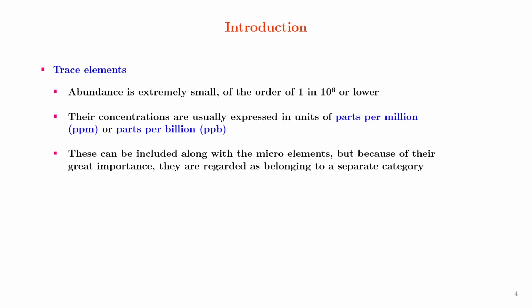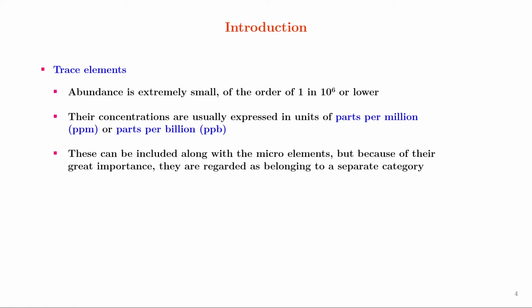An important class of elements whose abundance is extremely small, of the order of 1 in 10 raised to 6 or lower, is known as trace elements. Their concentration is usually expressed in units of parts per million (ppm) or parts per billion (ppb).